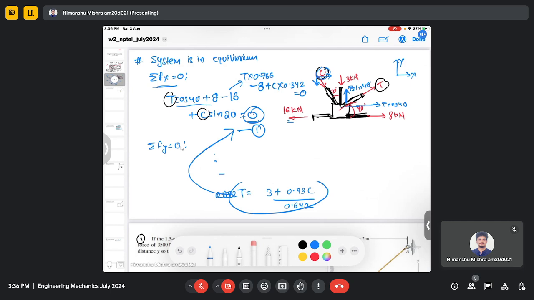So I will get here 3 plus 0.93 C over 0.642 multiply 0.766 minus 8 plus 0.342 C equal to 0. So now this equation is given in terms of C only. So we can easily find C.